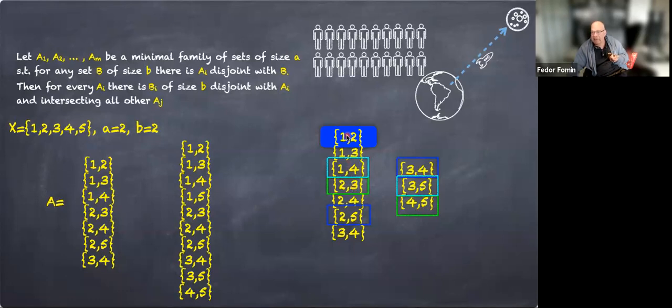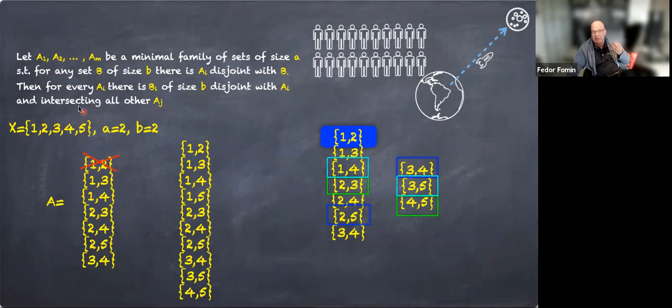So this means that if I remove the set 1, 2 from the family, the remaining sets still satisfy this property: for any attack from the set B, there will always be somebody from here who can defend.